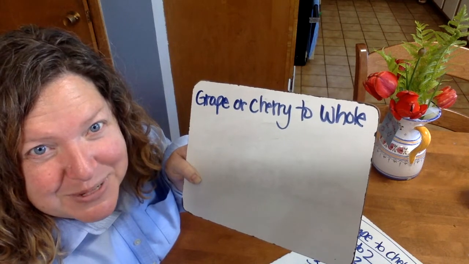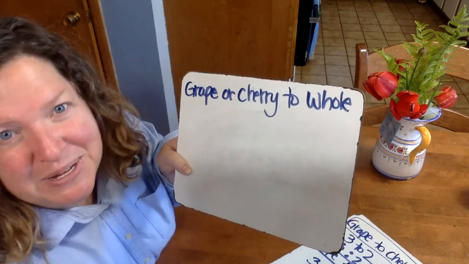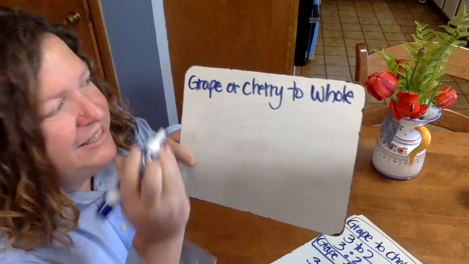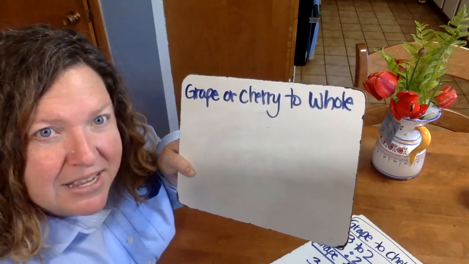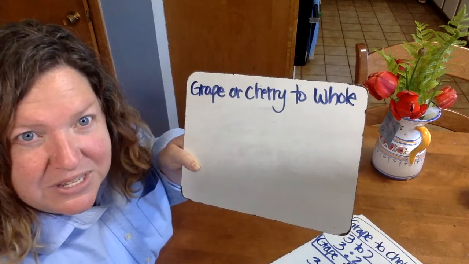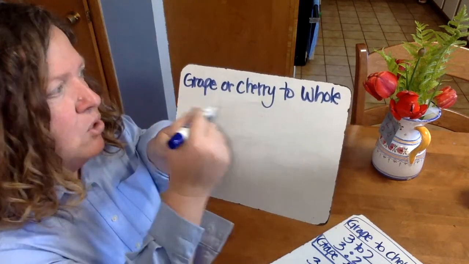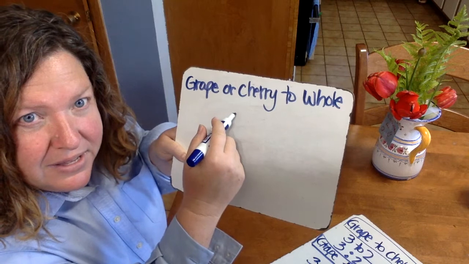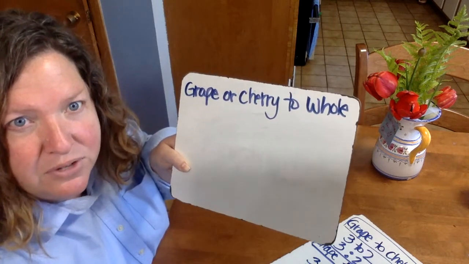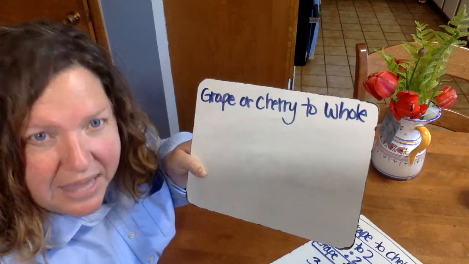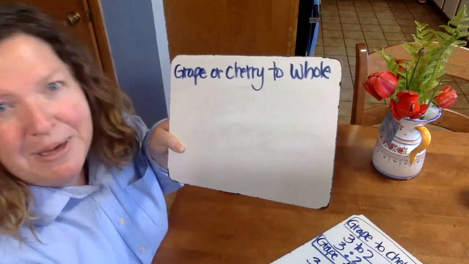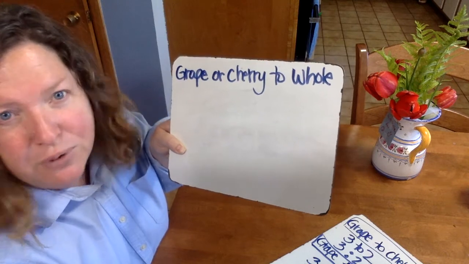The standardized ones that we take, or the ones like our iReady and whatnot. These are the kinds of questions that really trick kids because it asks what's the ratio of either grape or cherry to the whole? What they're trying to get at, and they don't give us all that background about what we like. So we have to fill that background in, and that's especially tricky for a lot of math.